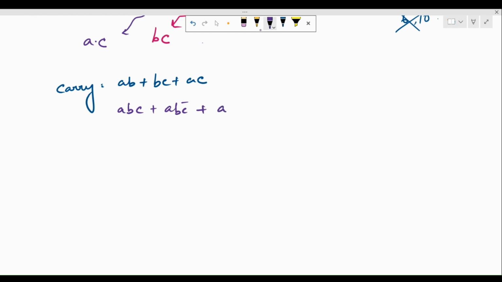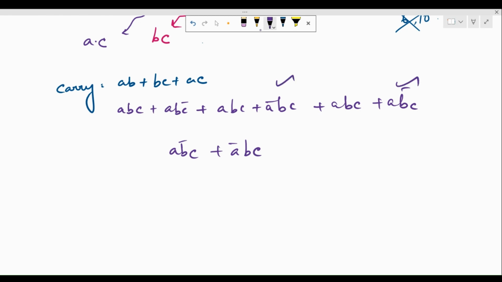Then A, B, C plus A bar, B, C. A, B, C plus A, B bar, C. So I'm going to take A, B bar, C plus A bar, B, C, these two terms, and I am going to take these three terms and retain only one because they are redundant, and this one is what is left out, A, B, C bar.